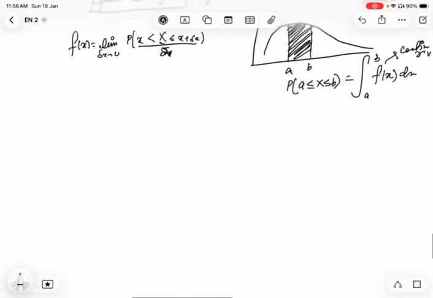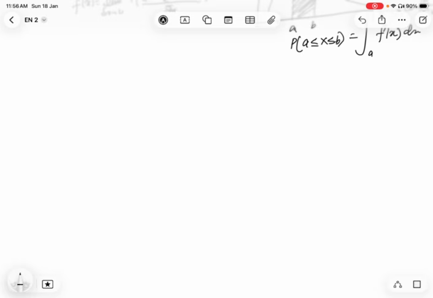So this is about the continuous random variable. Some points like arithmetic mean and harmonic mean you should know about. Now, various measures of central tendency.